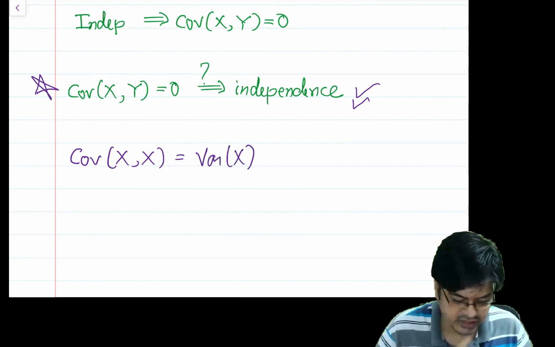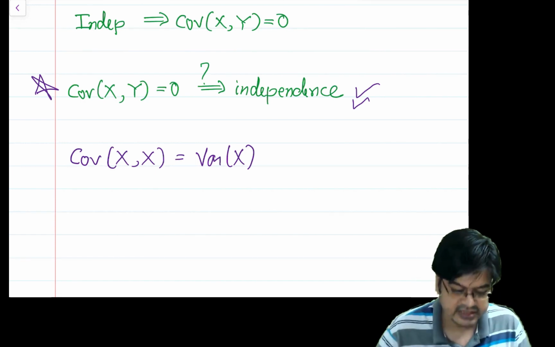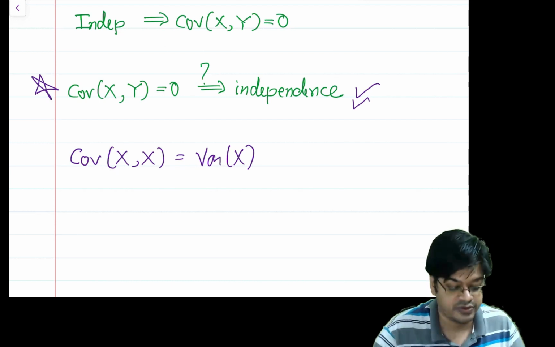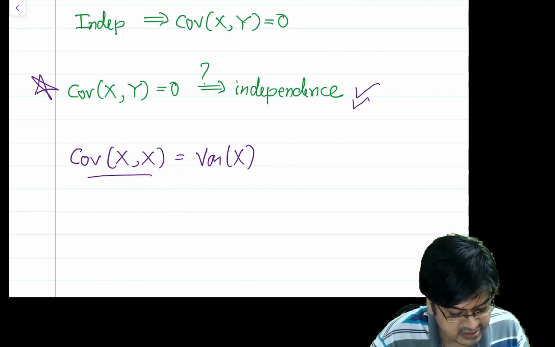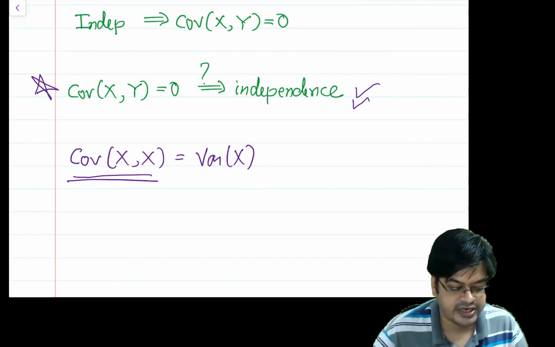So that confusion is gone. Now this variance has a problem when we are trying to compare the results in terms of units. So the same problem will be faced by covariance.